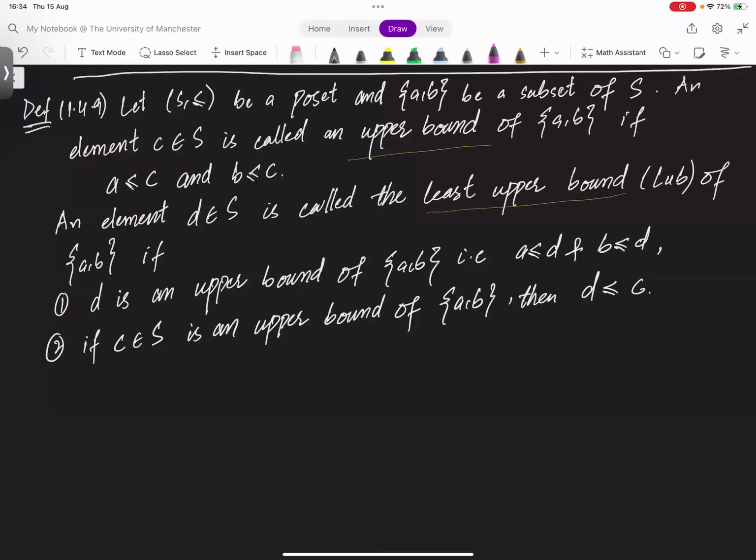The condition for the upper bound is this, and for the least upper bound there should be another element, D, which should also be less than or equal to C.